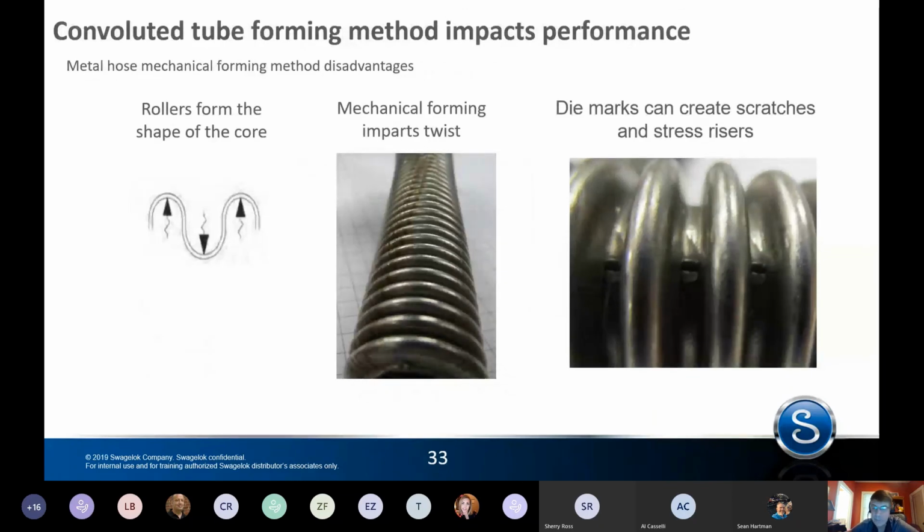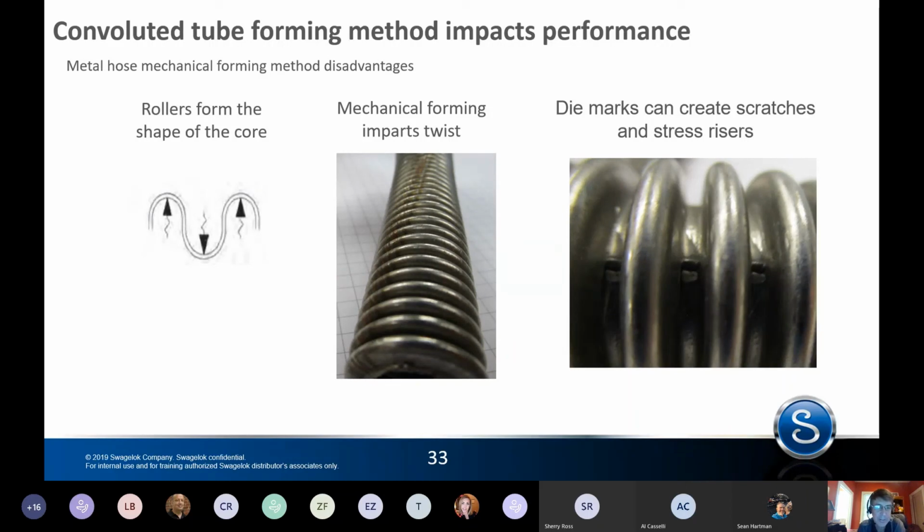The most common, by far, almost without exception, is what we call mechanical forming, or roll forming is another term used for it, where rollers move around the outside of this thin tube. The rollers are in the form of the convolutions, and they push themselves into the tube, forming the convolutions.